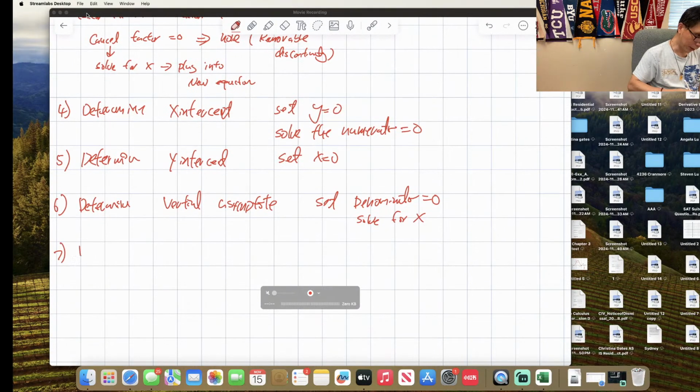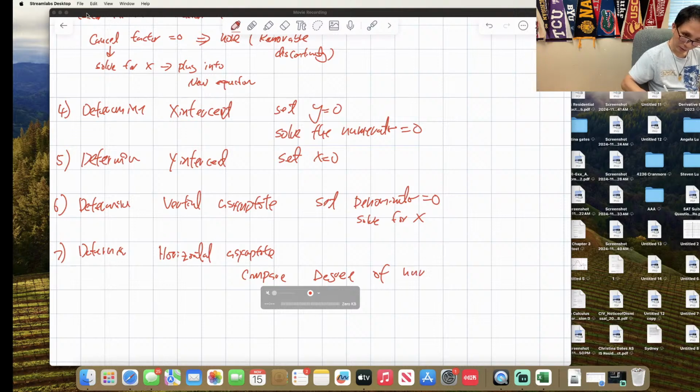Seven, how do you determine the horizontal asymptote? Compare the degrees of the numerator versus the denominator.